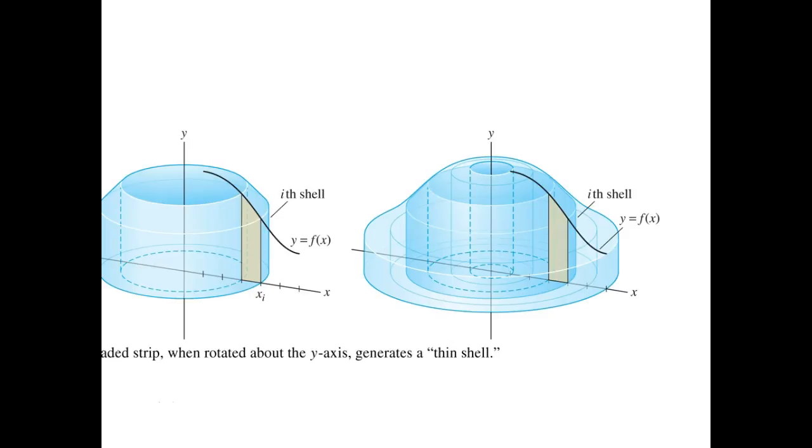A braided strip rotated about the y-axis generates a thin shell, and you integrate that all the way around.